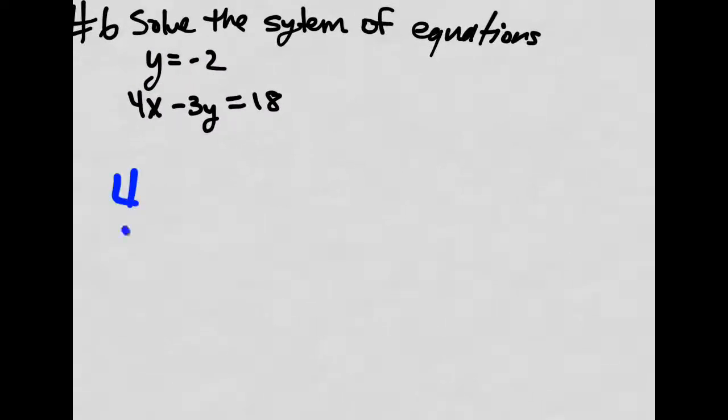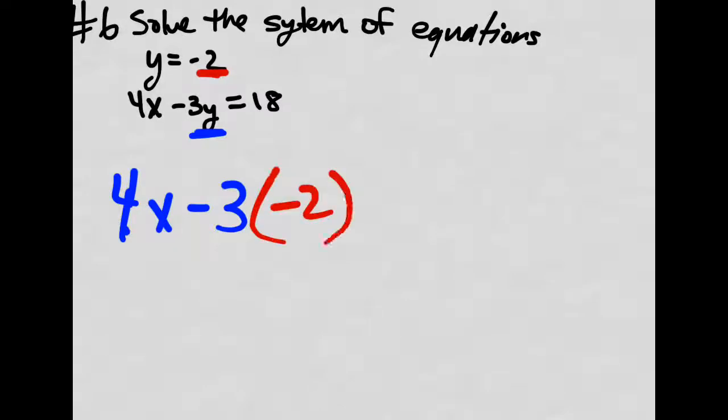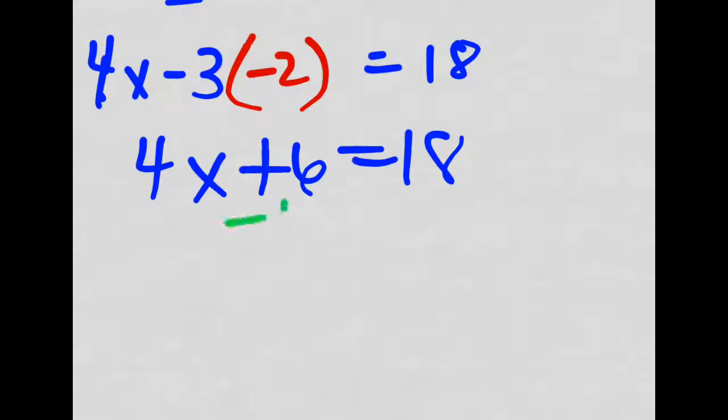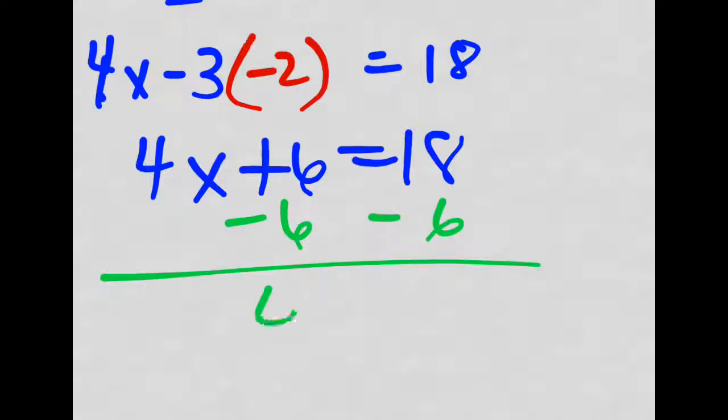So I can just take 4x minus 3y. Instead of y, I'm going to put negative 2 in there. Equals 18. So that's going to give me 4x plus 6 equals 18. Then I can subtract 6 from both sides. So 4x equals 12.